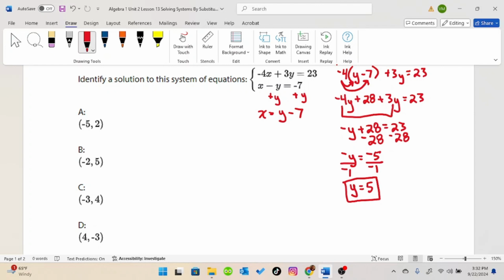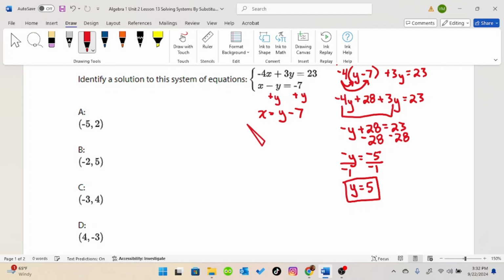Now I'm going to take this value of y that I just calculated, and I'm going to substitute it into the equation that I wrote for x. I said that x equals y minus 7.